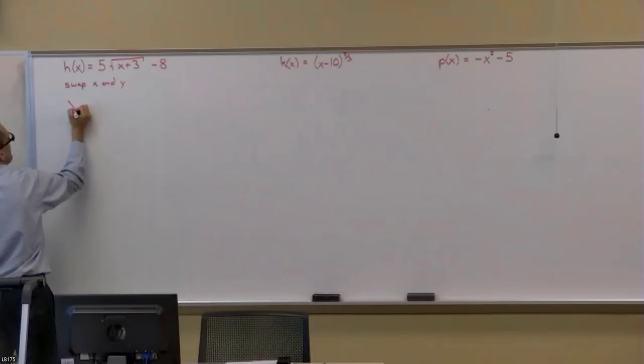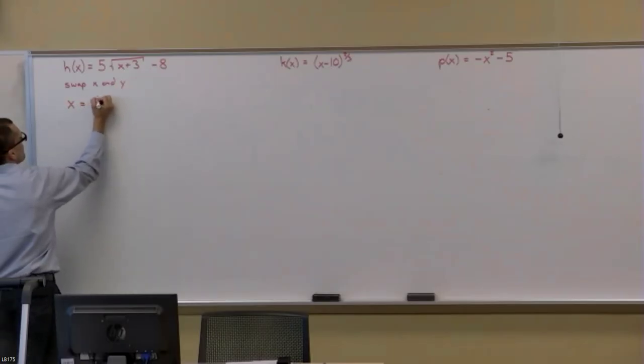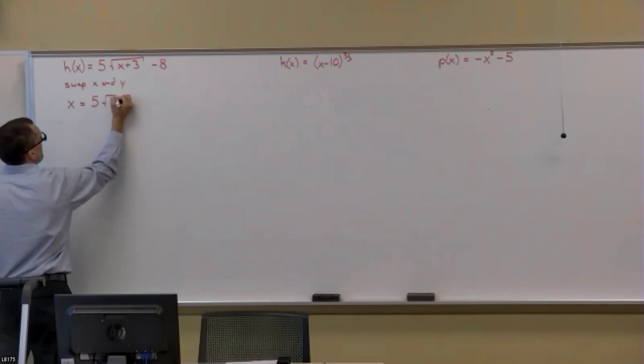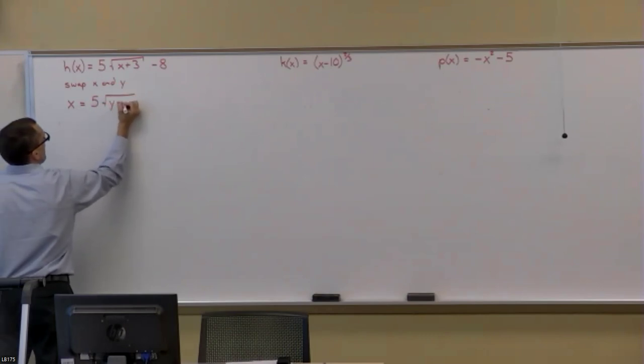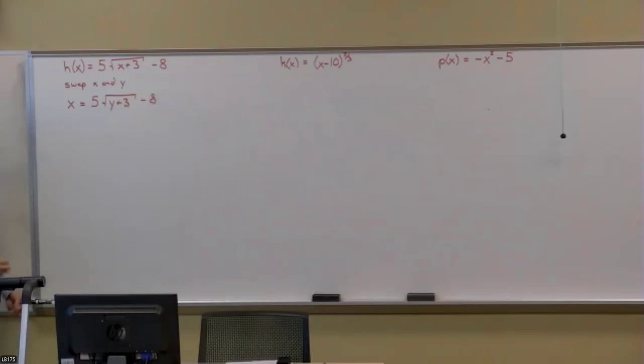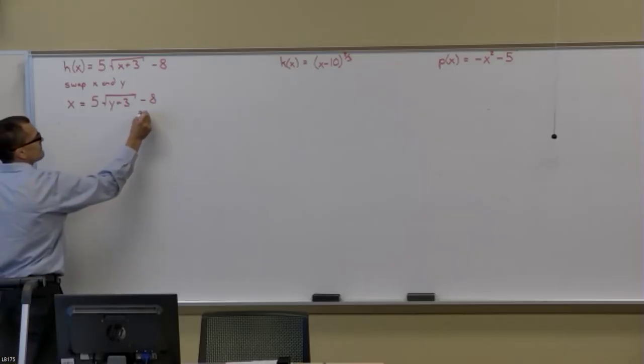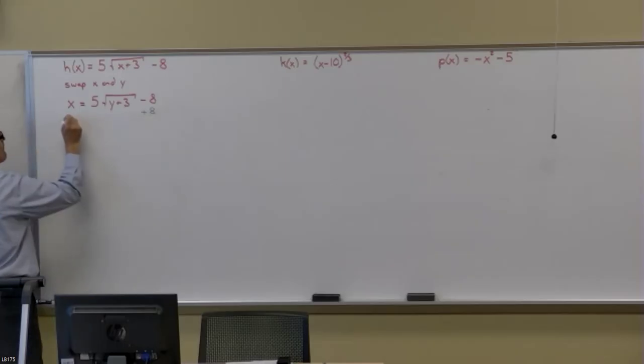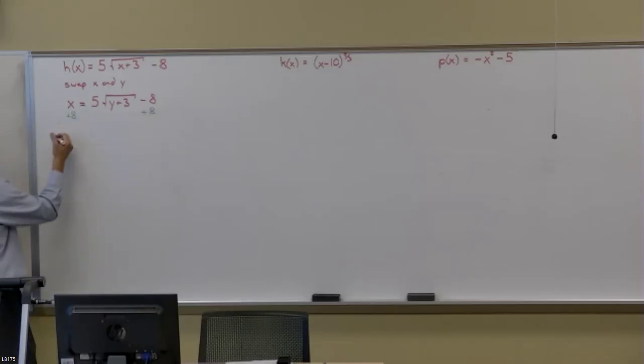So we'll swap X and Y on this H of X. And then we'll solve for Y, just like we've been doing. The first thing I would do to solve for Y is add 8 to both sides.